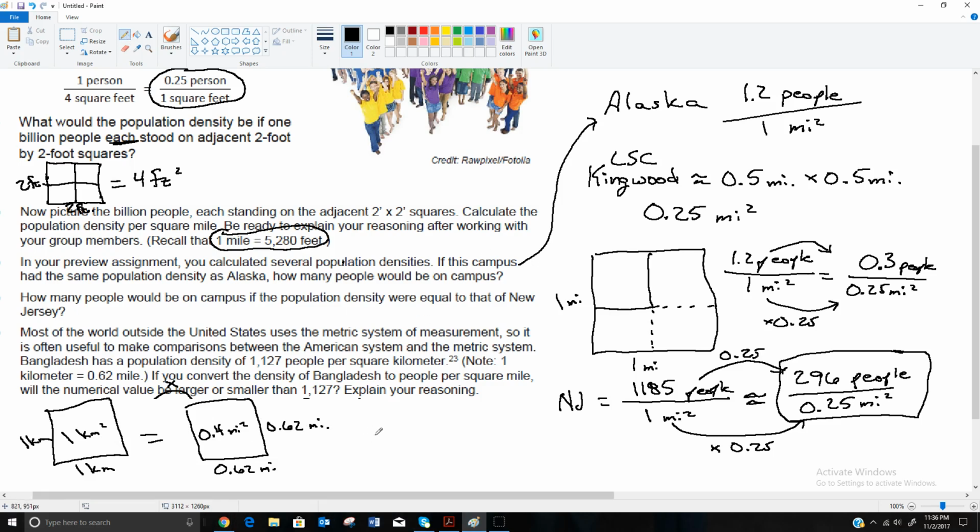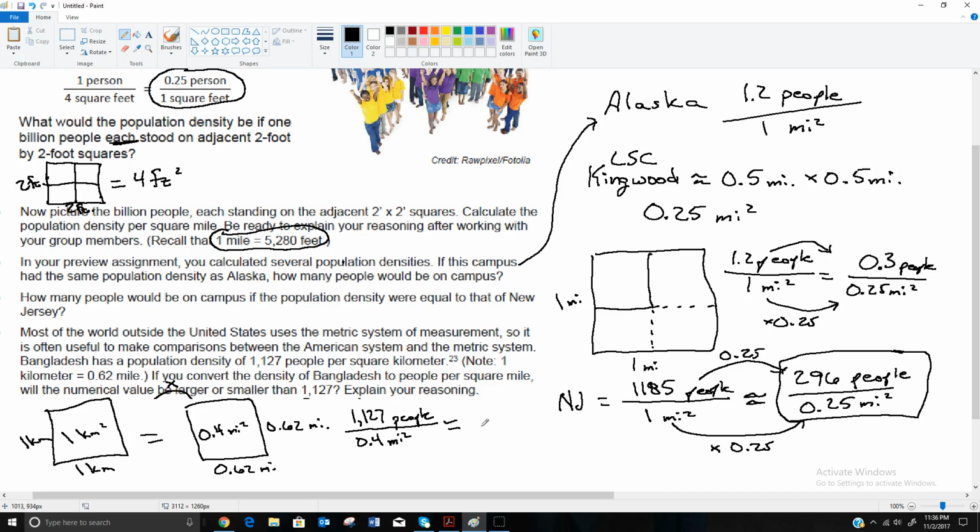So now we're going to do this conversion, 1,127 people per square kilometer. What is that per square mile? Well, 1,127 people per square kilometer is the same as 1,127 people per 0.4 square miles. Remember, 1 square kilometer and 0.4 square miles are the same thing.